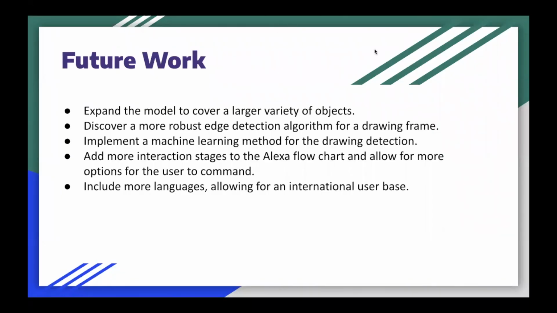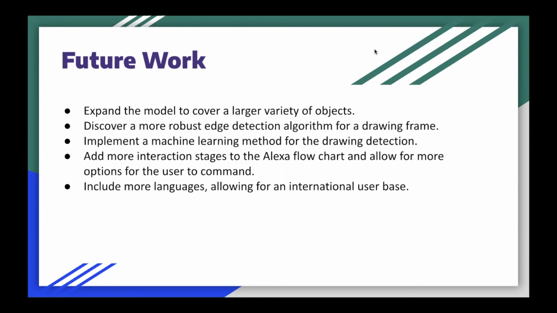And for the future work of our project, we expect to expand the model to cover a larger variety of objects, ranging from non-essential to essential objects, so that the users can have more options to play around with.